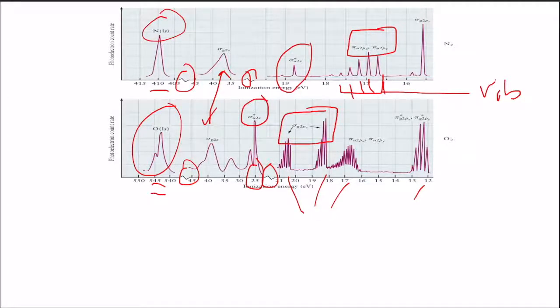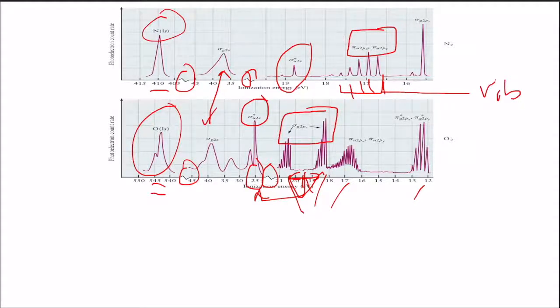You will also see that the sigma of the pz is split, and this splitting is because it is interacting with what? It's interacting with this one, right? So this interaction is going to cause part of it to go lower in energy and part of it to go higher in energy.